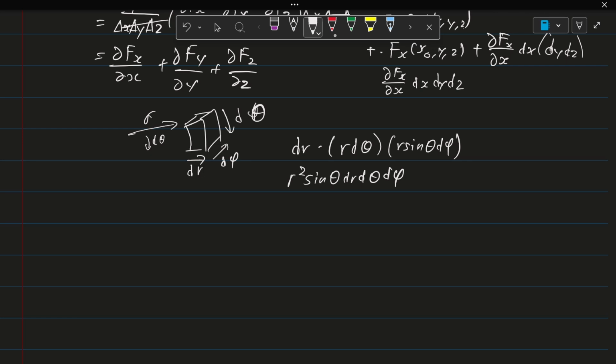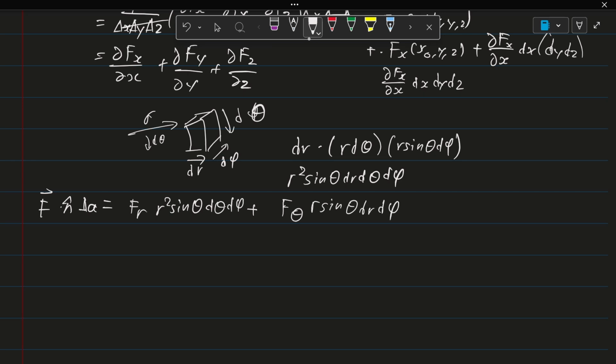Now let's compute the surface integral. So we could do the flux integral. It's f dot the n hat of the delta a's, and this would be, first of all, in the r direction. It will have the area of r times r sine theta, or r squared sine theta, in d theta and d phi, right? It has dependence on that. And then after that, there is also the theta direction, which will be r sine theta as well as the dr, so it's r sine theta dr d phi.